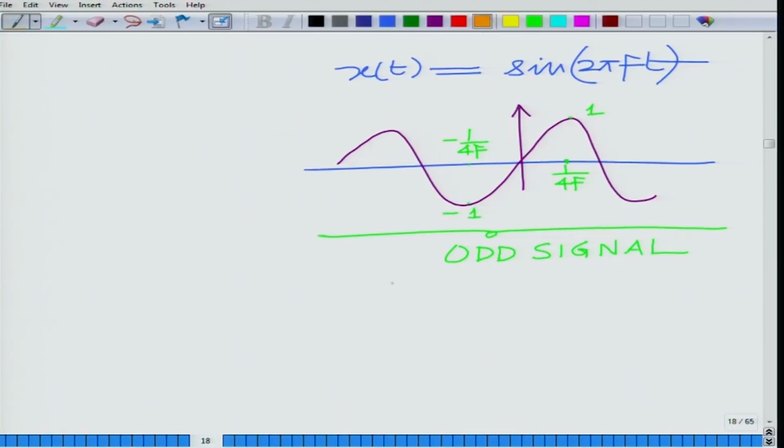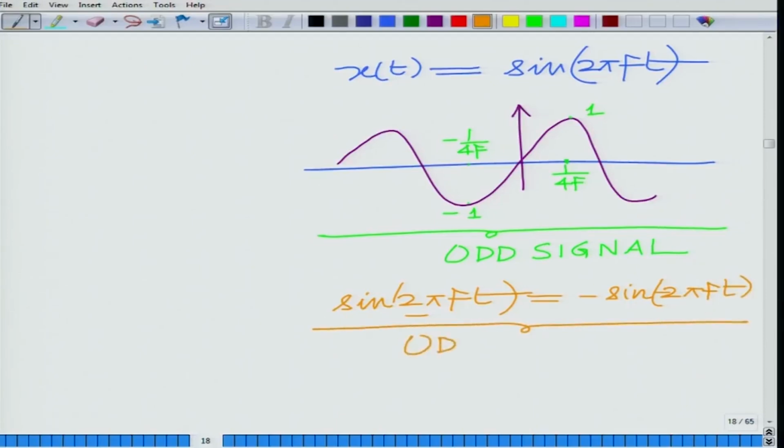So, this satisfies sine of 2 pi f t equals minus of sine of minus 2 pi f t. This is a classic example of an odd signal.